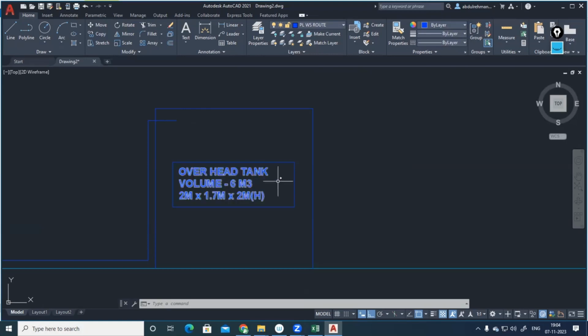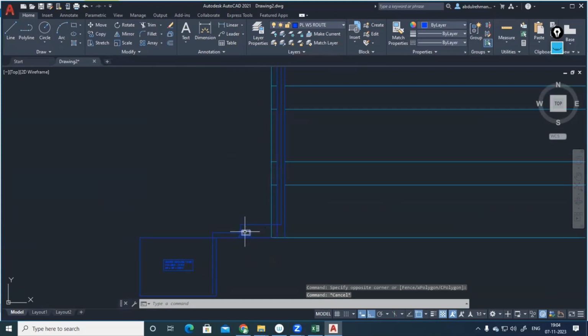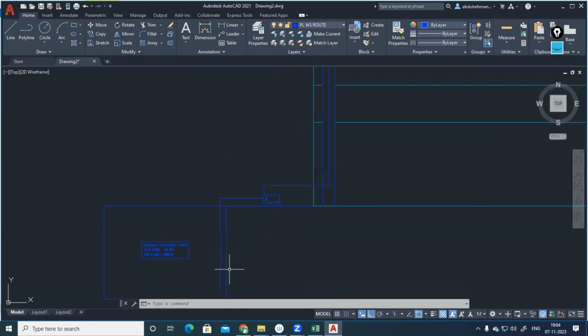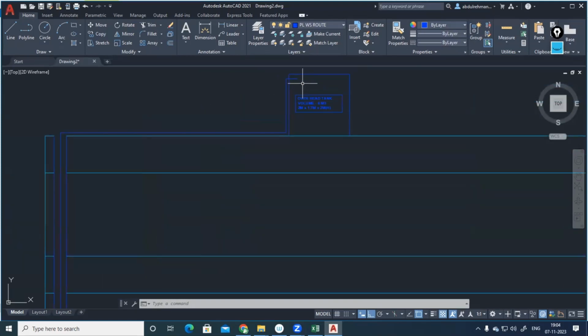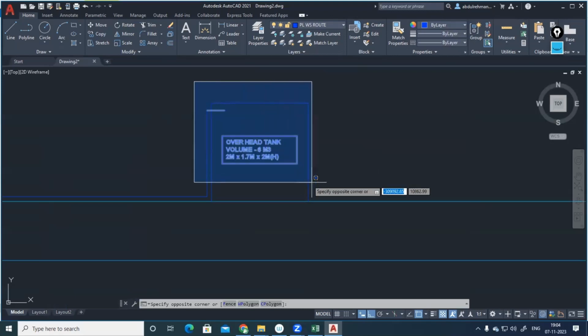Pump flow rate: suppose this is a water supply transfer pump, right? The water supply transfer pump will be transferring the water from this underground tank to the overhead tank. So the transfer pump volume or pump flow rate depends totally upon the tank it is filling.